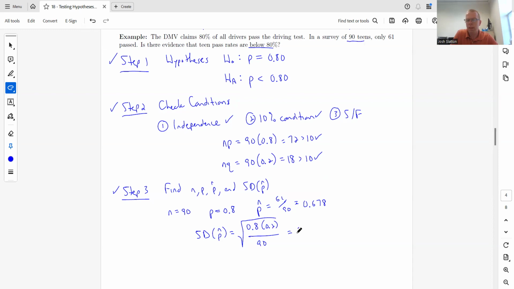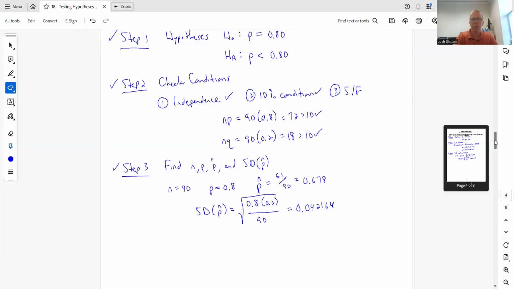So when you write this square root, you should keep at least 6 digits. That keeps you from having rounding errors. If you cut this off at 0.04, 0.042, then likely when you calculate the p-value, it's going to be off, and off enough that you'll get the problem wrong.